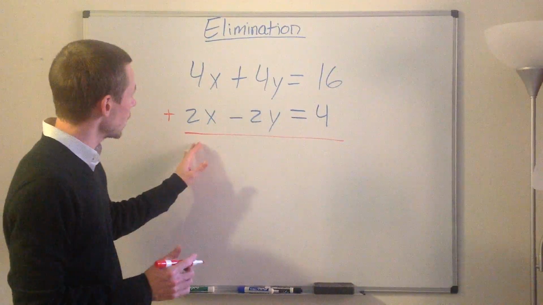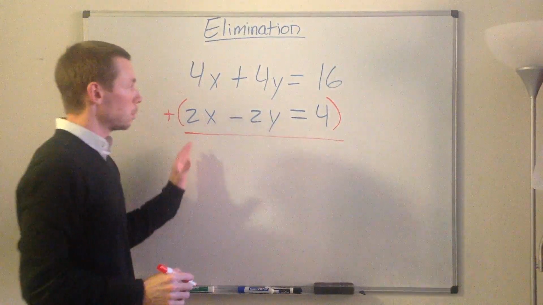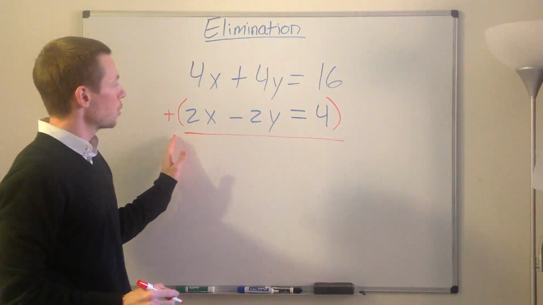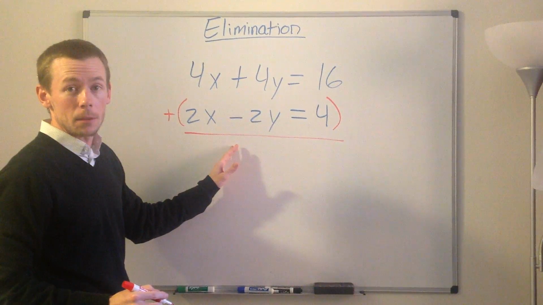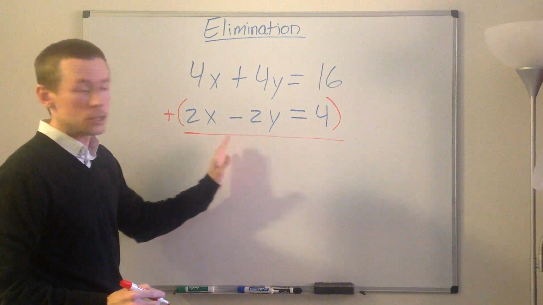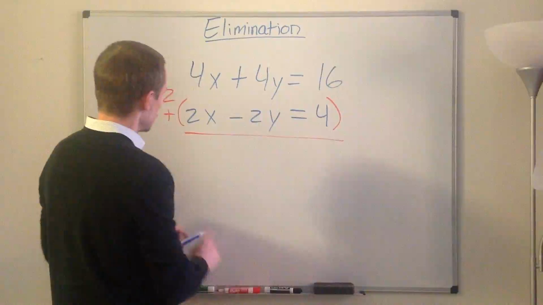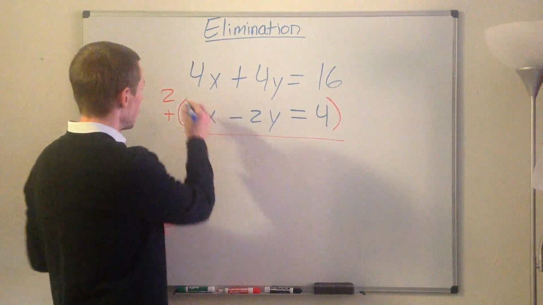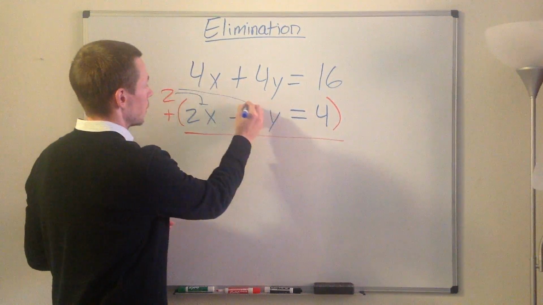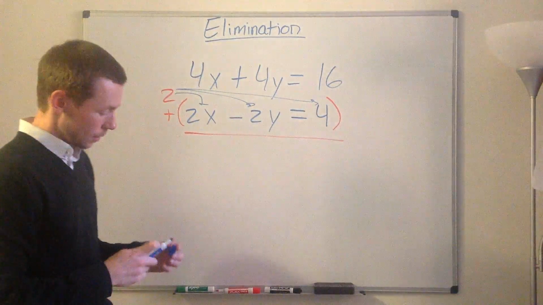So what I could do, actually, is multiply the entire bottom equation, both left and right, by 2. So I'm going to distribute 2 everywhere. Here, here, and here as well.